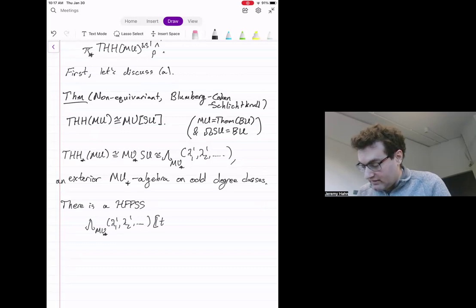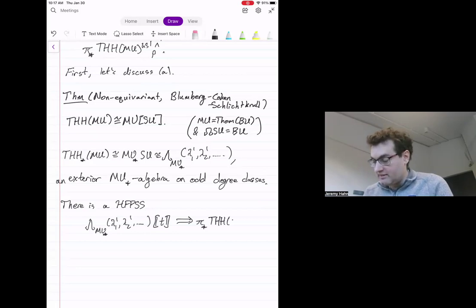And then you will adjoin a power series generator, and it will converge to this object of interest. Now, because these generators, the lambda_i prime, are in odd degrees, there's room for a lot of differentials to potentially happen in this homotopy fixed point spectral sequence.